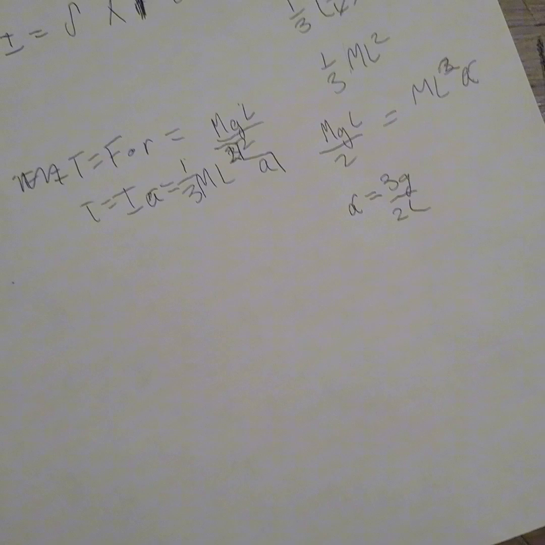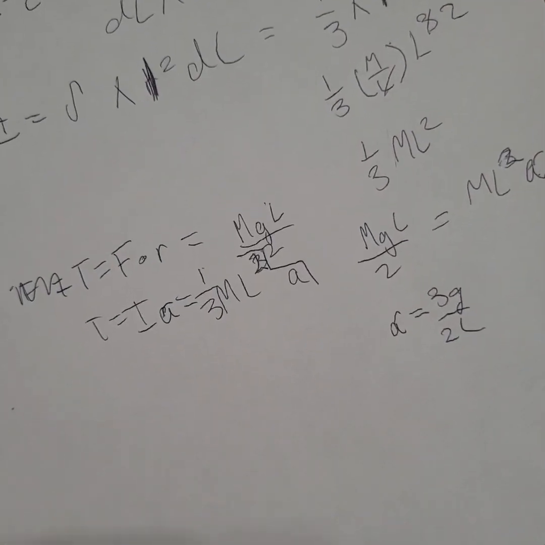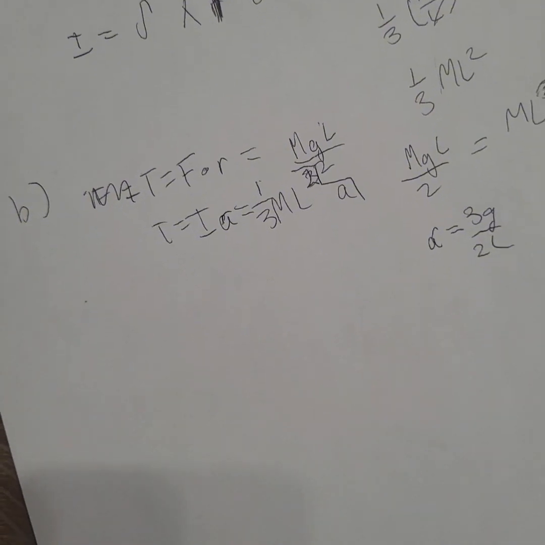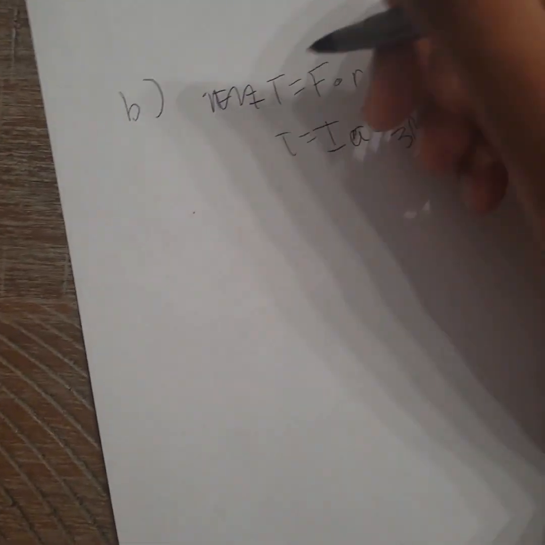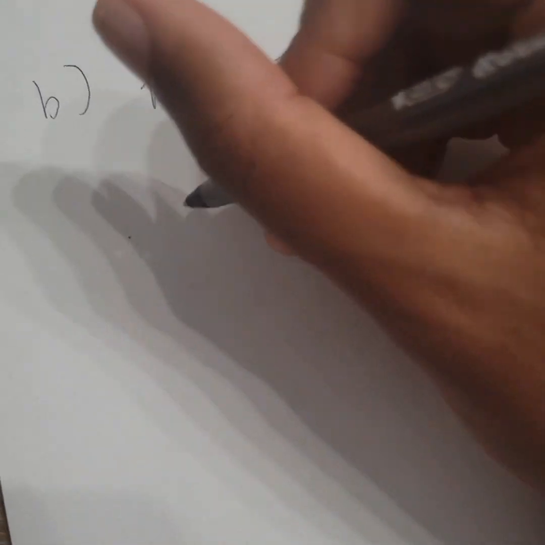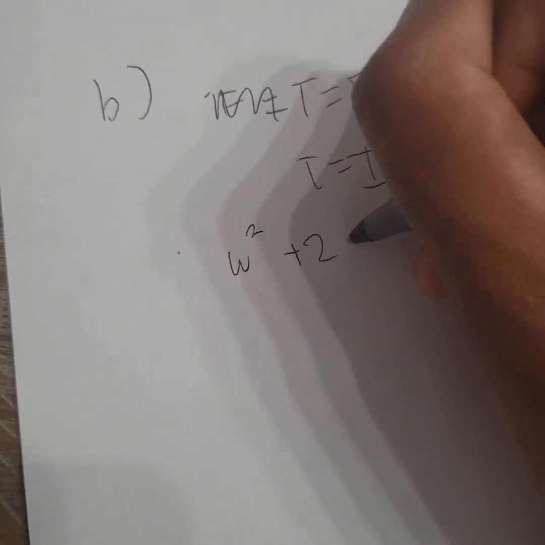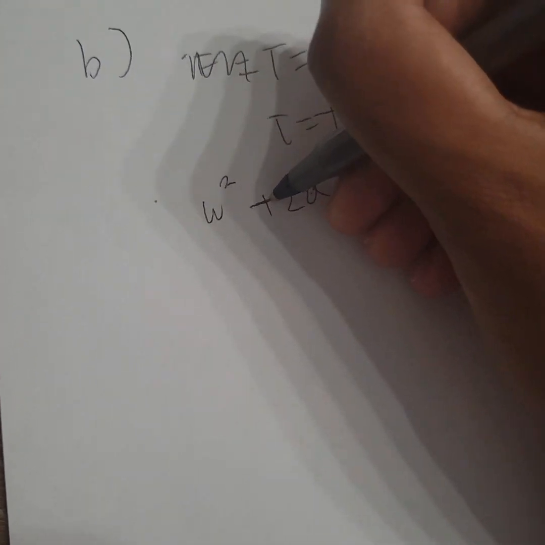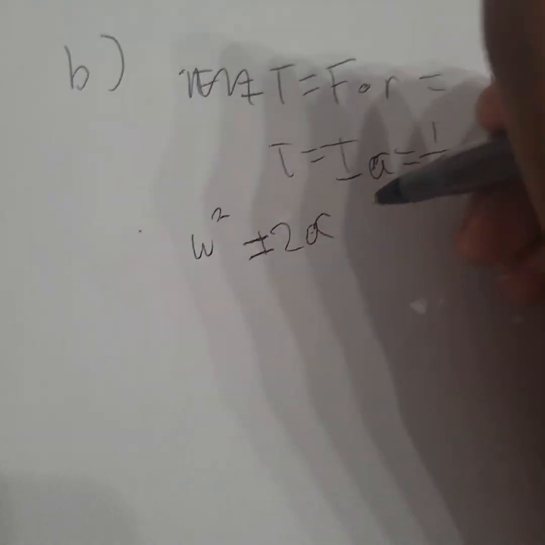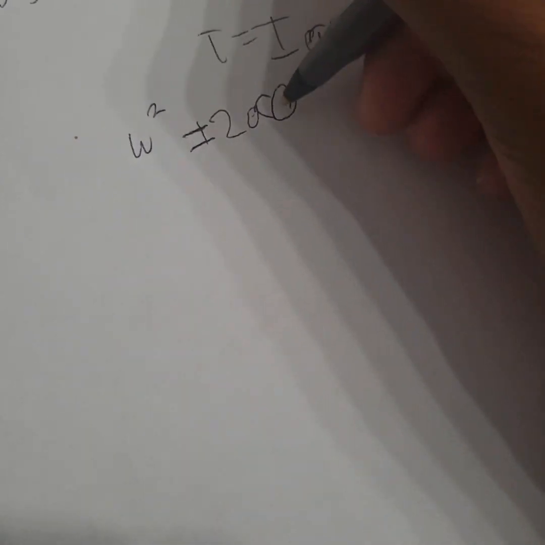So now that we have this, we can basically just use kinematics, which we have to do in the question because we can't use energy. So first of all, we're going to use equation 5, which is this, and there's no initial angular velocity, so you can just leave that part out. And then theta.